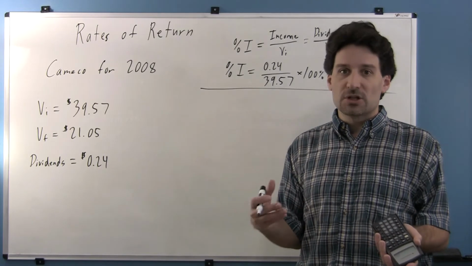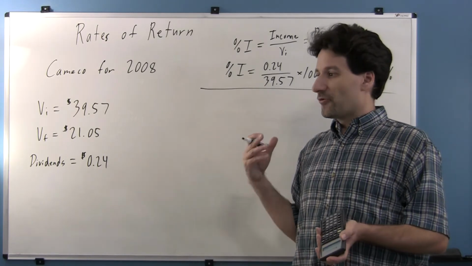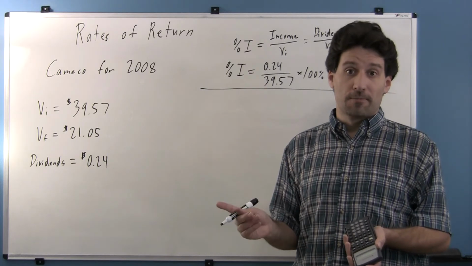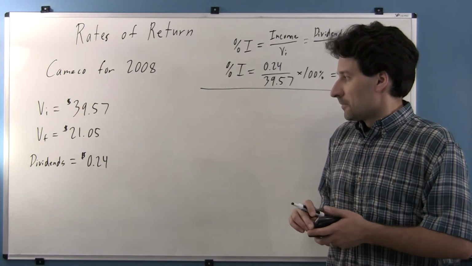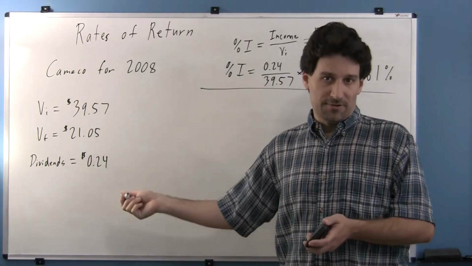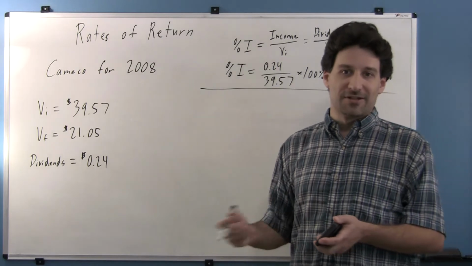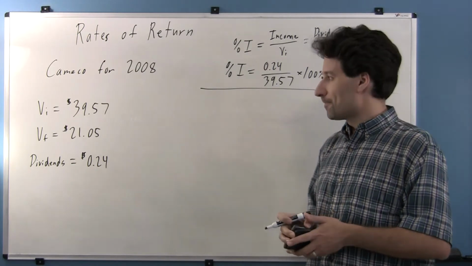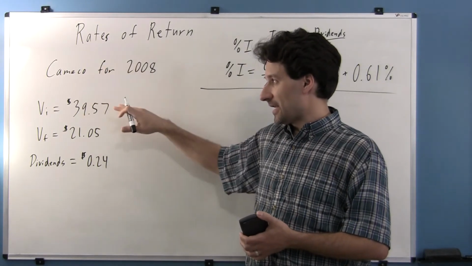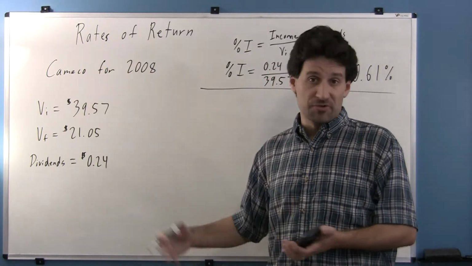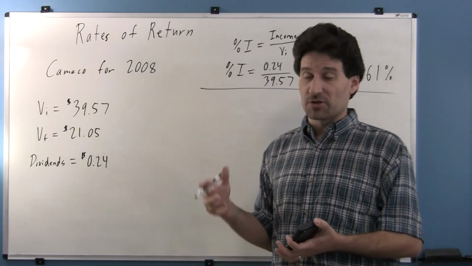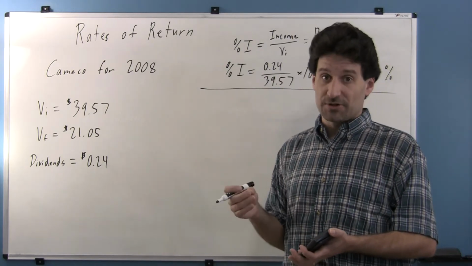But if we're interested in just the percent return overall, you can do all the calculations based on one share. Assuming they haven't told you that on the 100 shares you earned $24 total, in which case you might have to divide by 100 to start. But even if it said 100 shares, if it gave me these three numbers, I could just use them. I don't have to take into account that it's 100 shares if I just want to find the percentages.